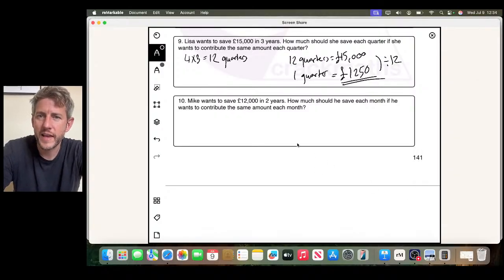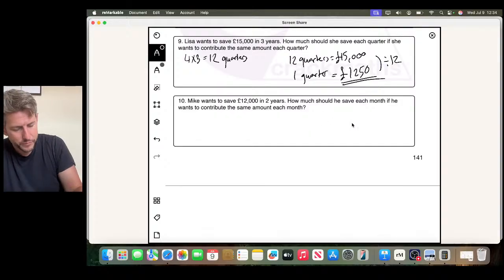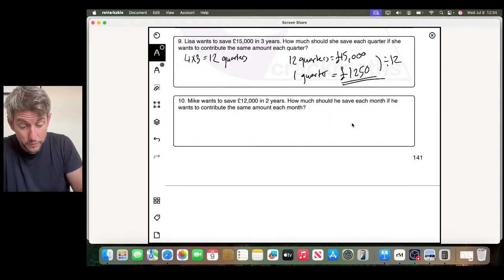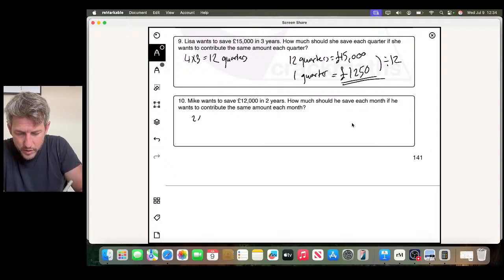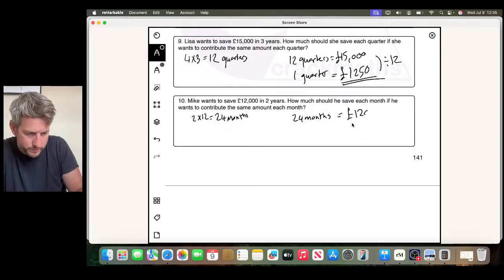Question 10. Mike wants to save £12,000 in 2 years. How much should he save each month if he wants to contribute the same amount each month? Okay, so we've got here £12,000 in 2 years. So 2 years is 2 times 12 equals 24 months. Okay, so 24 months equals £12,000.